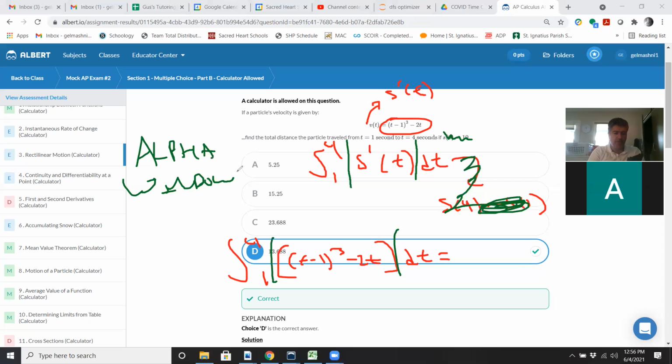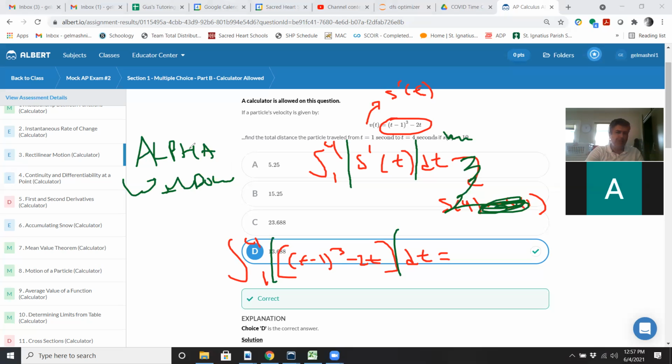And also you can do math, excuse me, and go down and get fnInt there as well. X minus 1 cubed minus 2x dx. And I do get 13.688.